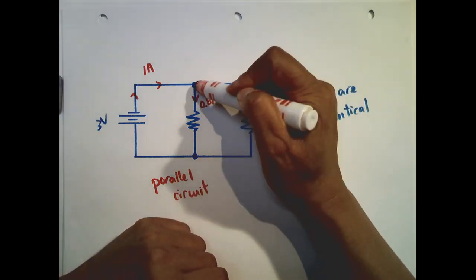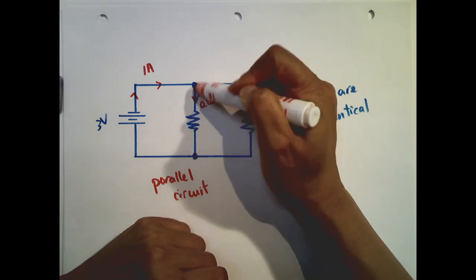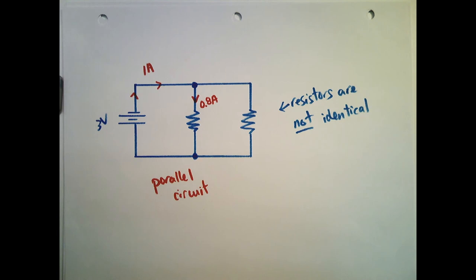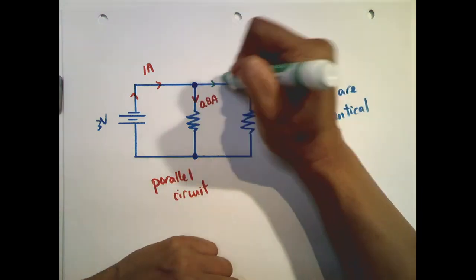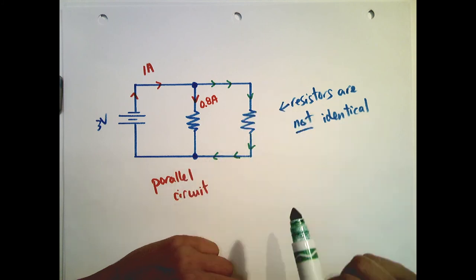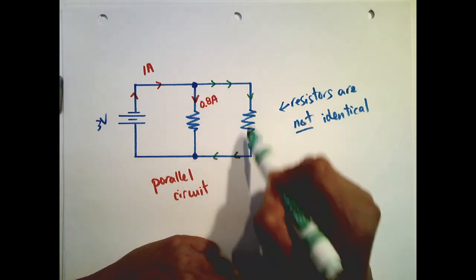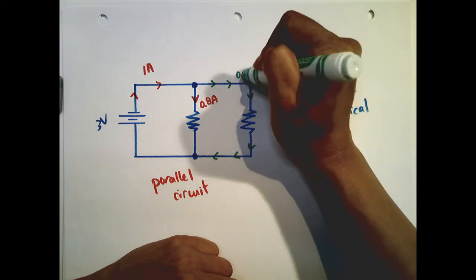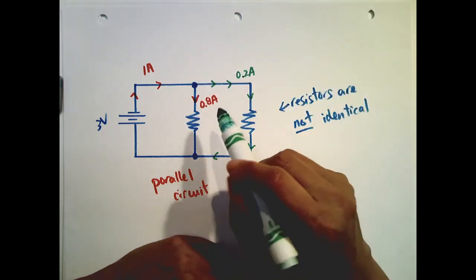In this branch, from this junction to this one, this whole branch is 0.8, which means if I were to figure out the flow of this other branch, denoted in the greeny blue color, it'll be 0.2 amps. It cannot be more than 1.